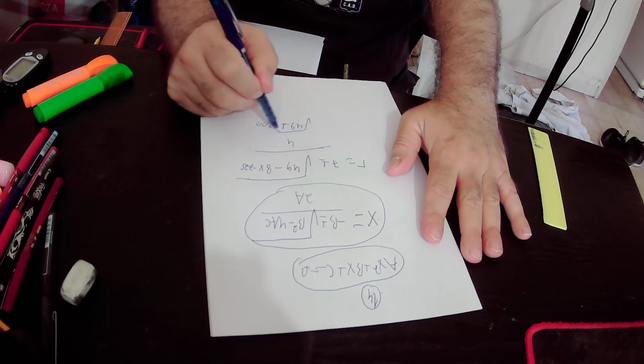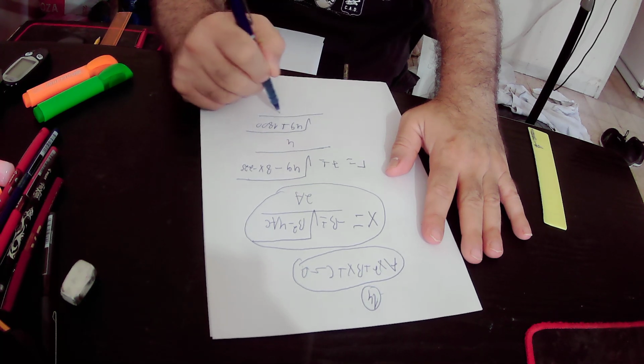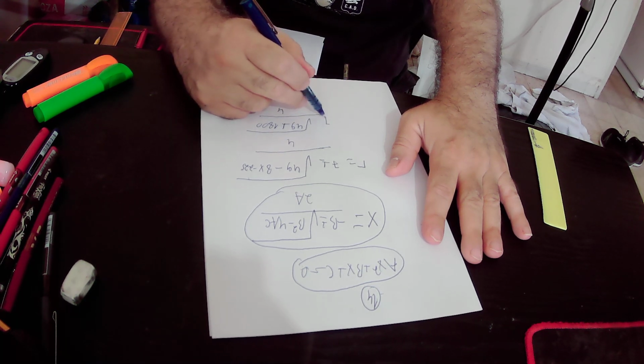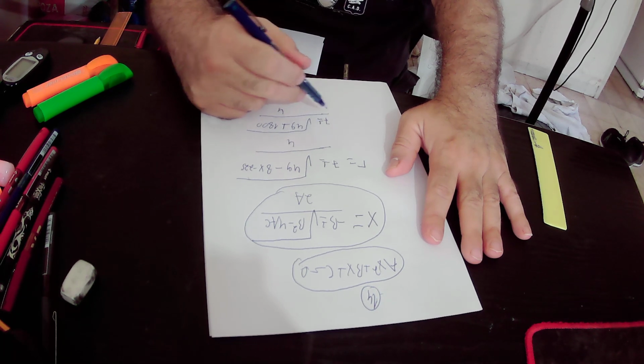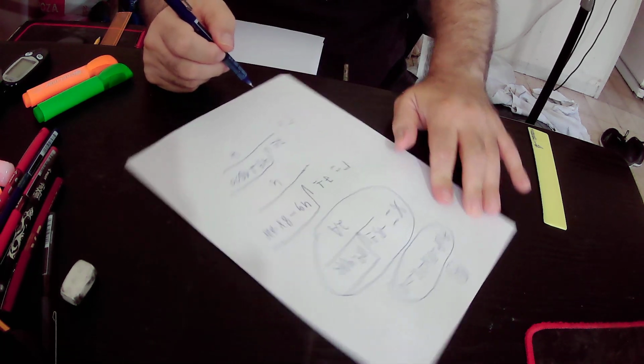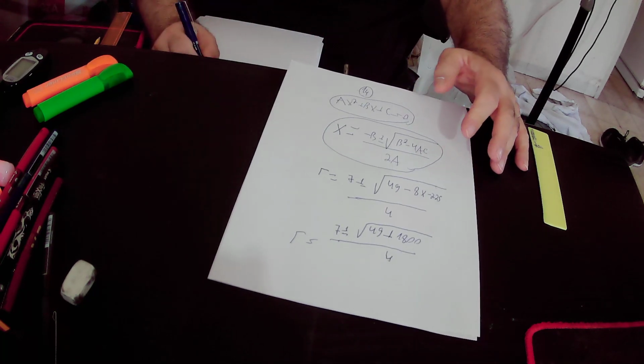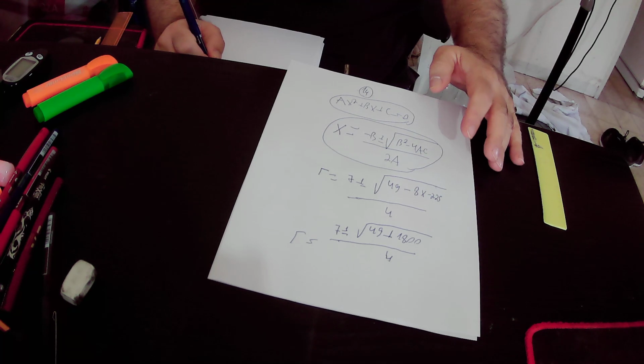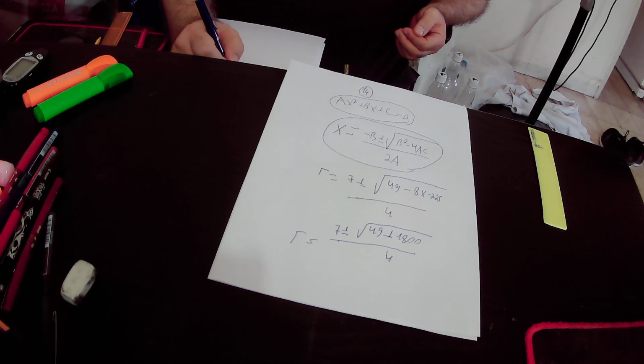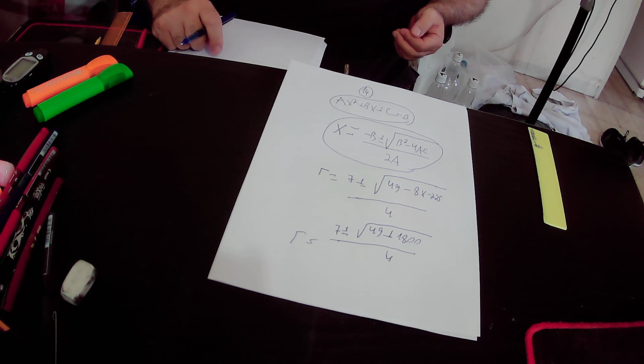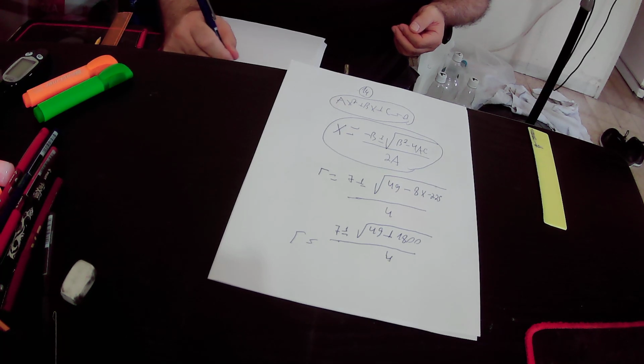So r equals 7 plus minus the root of 49 plus 1800, which is 1849, over 4.